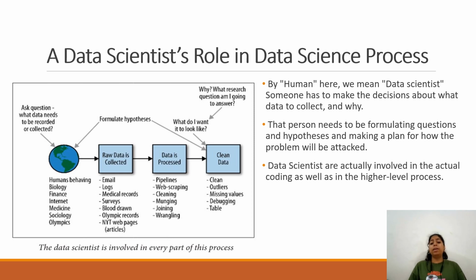They make the data based on the format of what research questions they're going to answer. And all this happens based on the formulation of a hypothesis. They formulate a hypothesis first, and based on that, they collect the related data. So that is the role of a data scientist in the data science process.